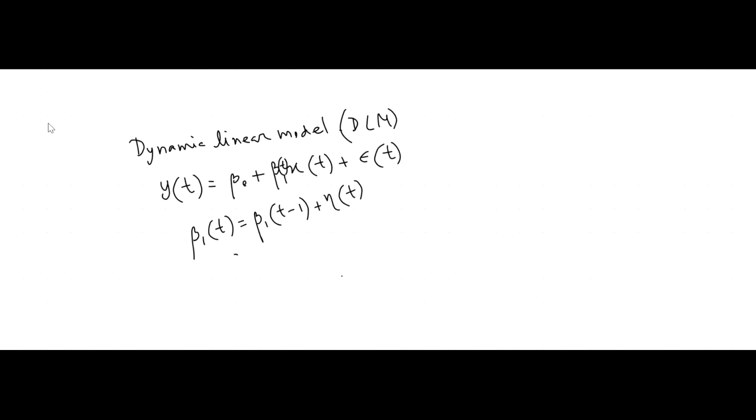Now, how do we fit such a DLM model? Generally, this beta 1 0 is assumed to follow some distribution.